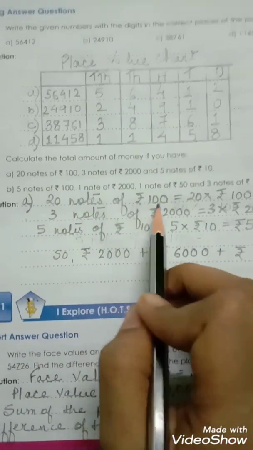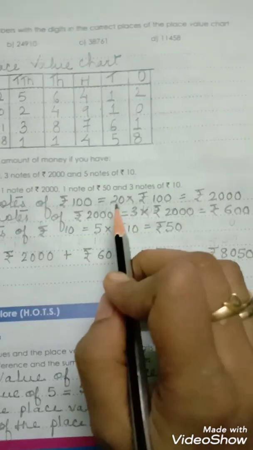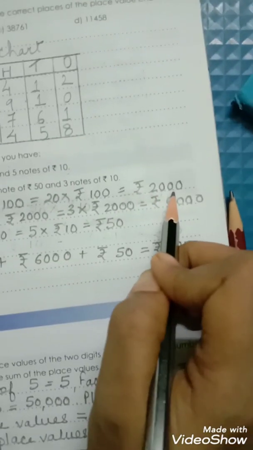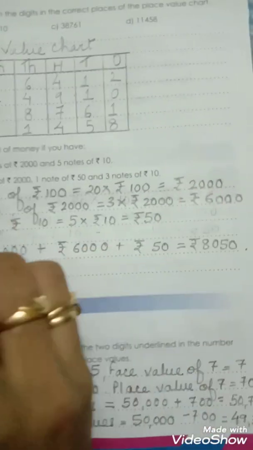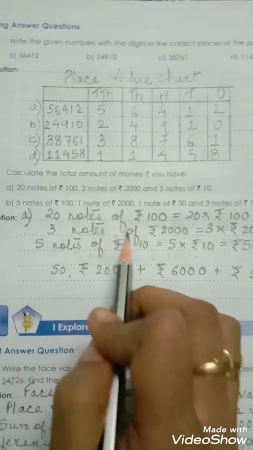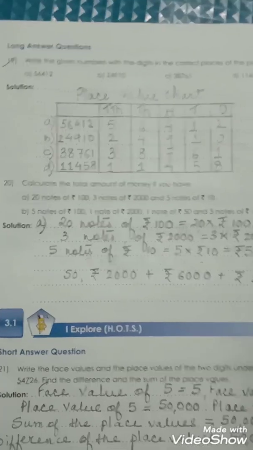So 20 notes of rupee 100 comes to how much? 20 into rupee 100 comes to rupees 2000. Right? Next, 3 notes of rupee 2000. That means you have 3 notes of 2000 rupees.